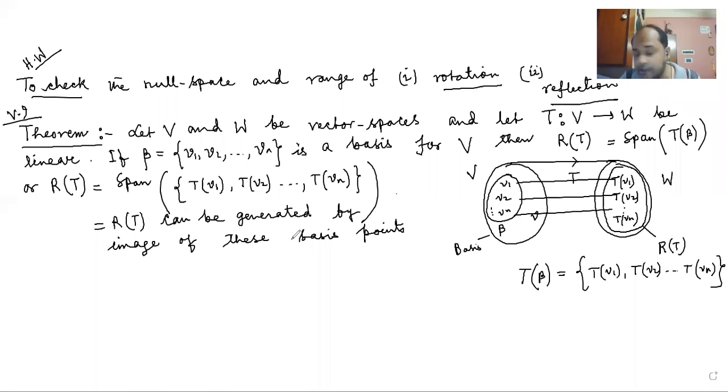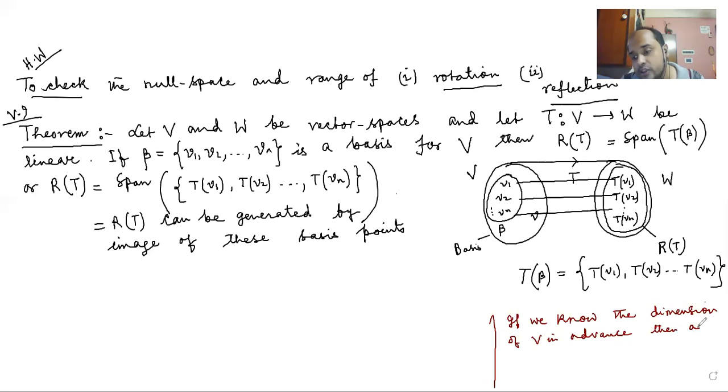But you know, in the lecture on basis and dimension, I said that if you know the dimension of the vector space in advance, then a generating set having a number of elements exactly equal to the dimension becomes a basis. That is a different issue. Right now, since it is an abstraction, you cannot say that this is a basis.